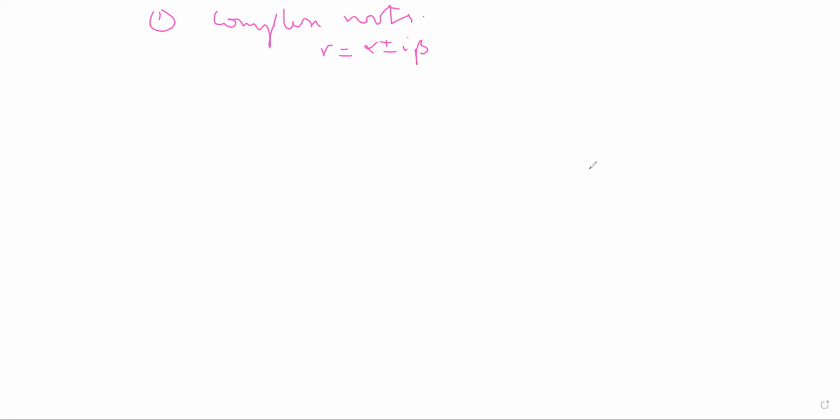And in that case, we let x be written as e^(ln x). So we can write x^(alpha plus or minus i beta), which is x^alpha times e^(plus or minus i beta ln x).